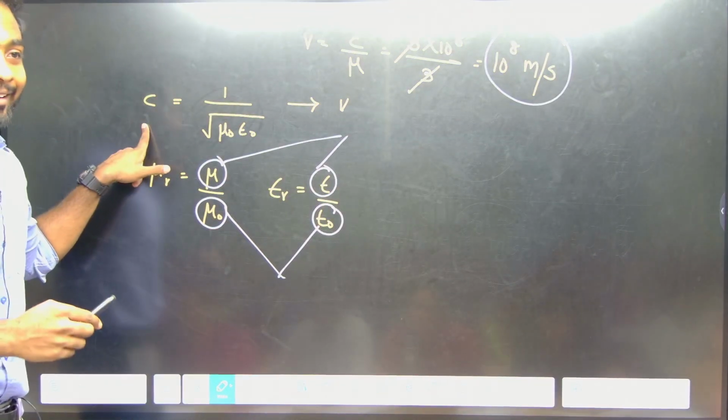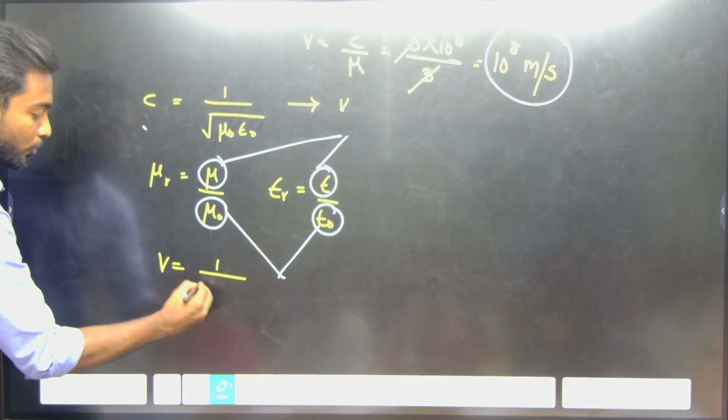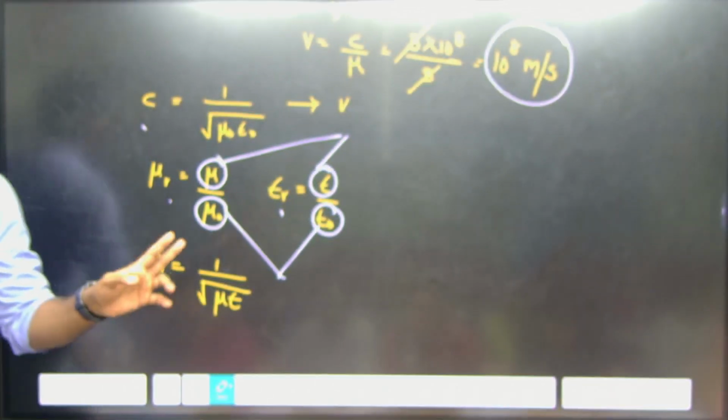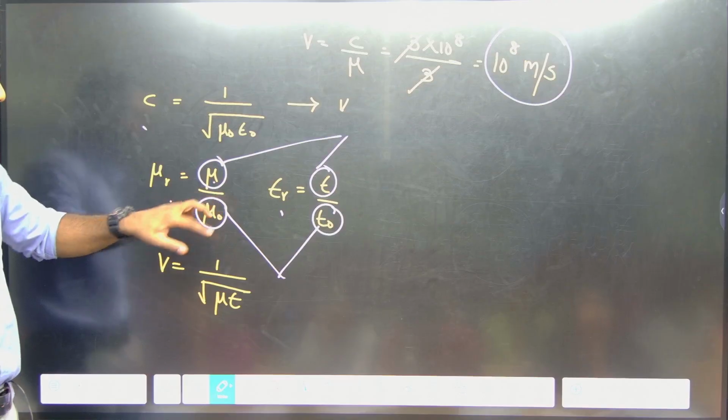So from this, can I write the value for V is equal to 1 by root over mu epsilon, getting the point? So relative permeability and relative permittivity, both we have got, and from this we know the relation, one for vacuum and one for medium.